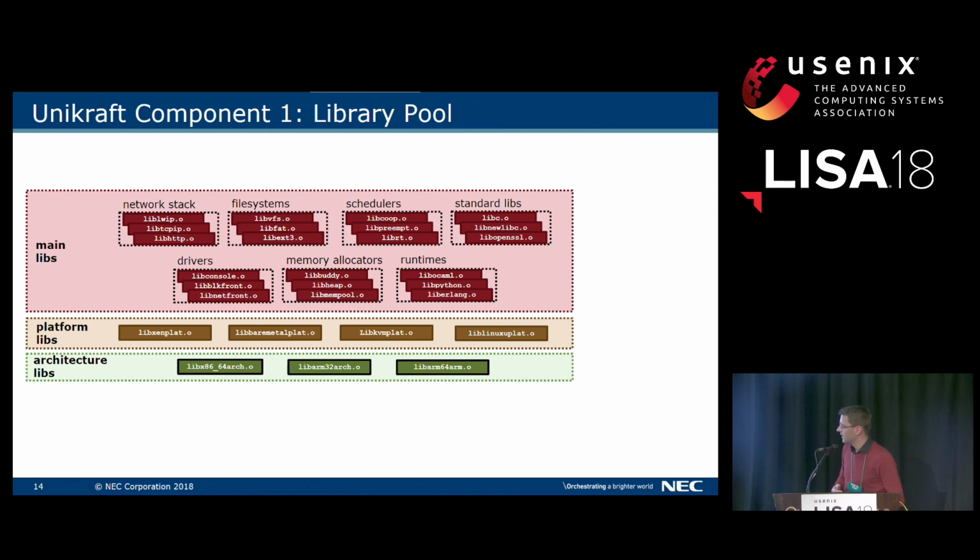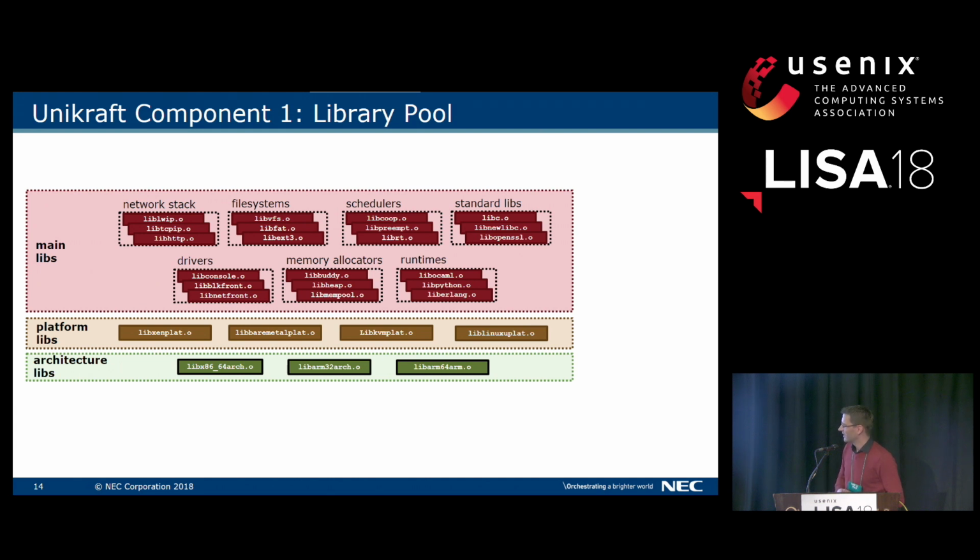Then we have libraries that we call platform libraries. Those are implemented as a really specialized version to interact with a specific hypervisor interface. So this means we have a library for running on Xen, we have a library for running on KVM, and actually we have even a library that allows us to run as a Linux user space.